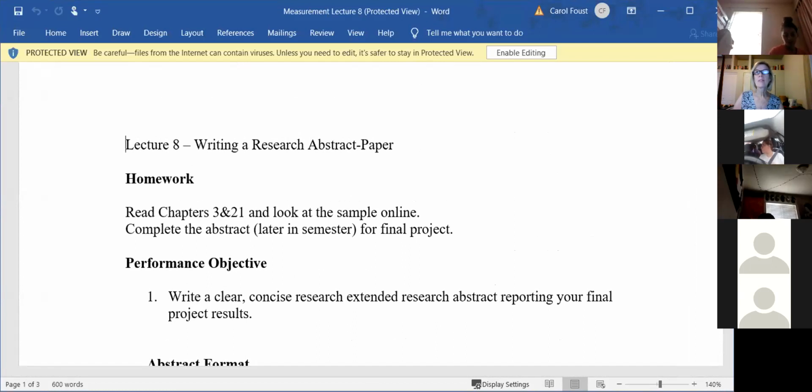But lab reports are pretty much the same when you're using the scientific method. When you're reading an article where somebody did a research report, you're going to see the same type of outline. This is a very common outline for writing a research abstract in a paper.